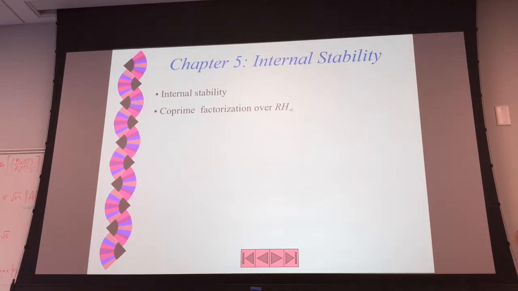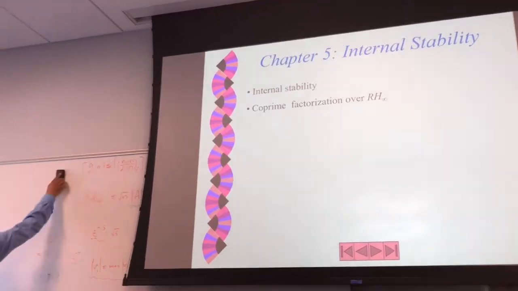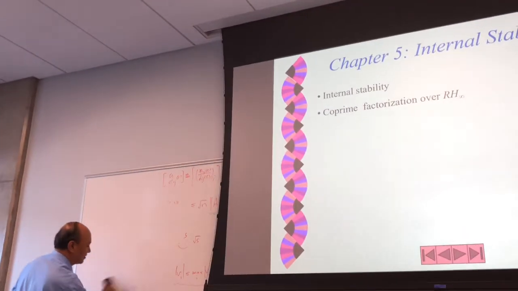So you should not have a non-minimum phase zero cancel out with an unstable pole. So in this case, I want to remind you a few things.